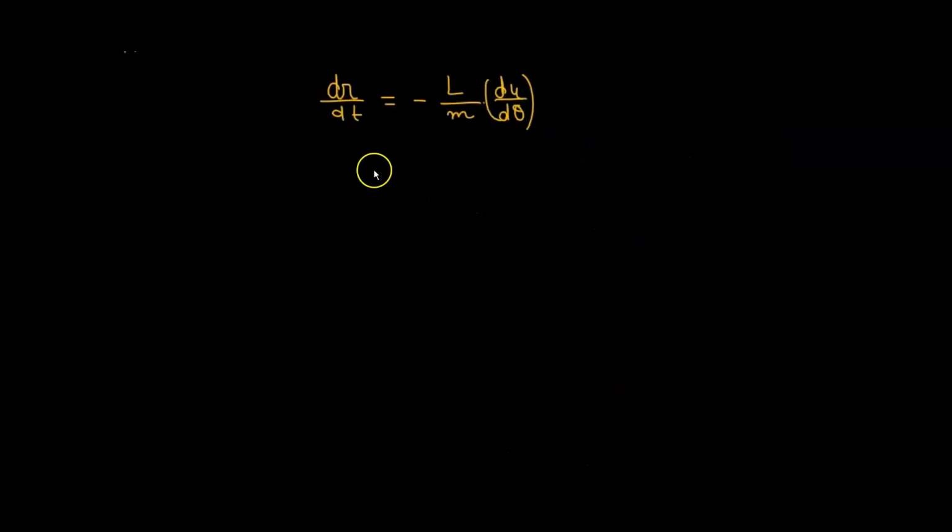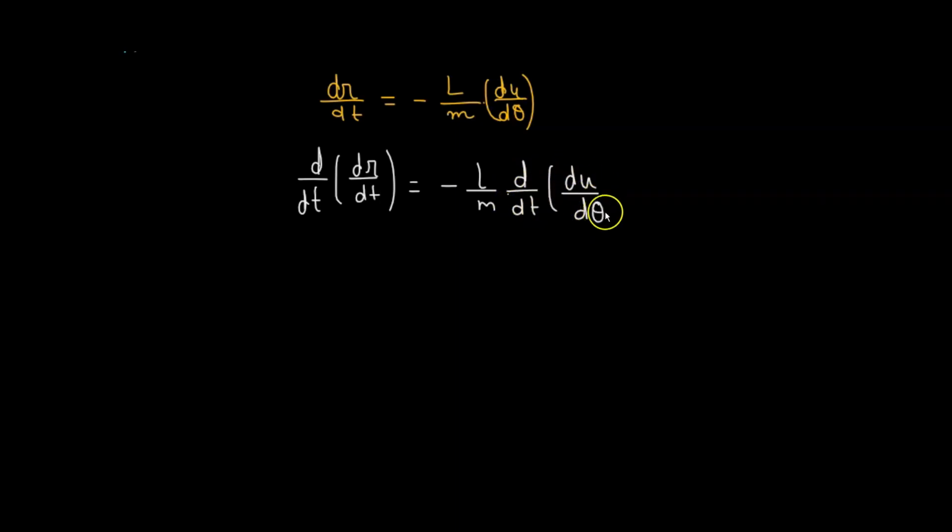Now again, using this expression, we can obtain the second derivative of r. So we take the derivative on both sides with respect to time t. That will be -L over m times d over dt of du over d theta.